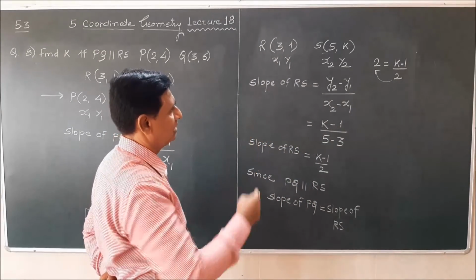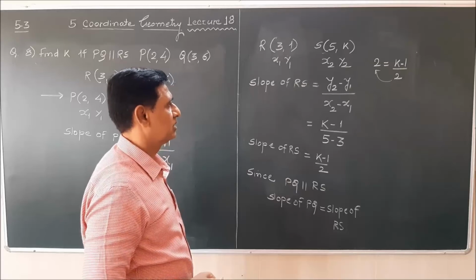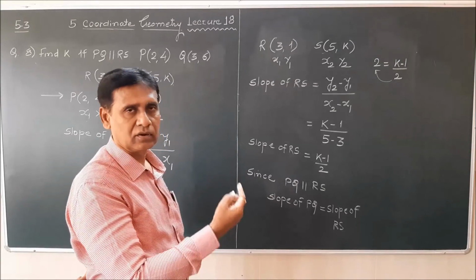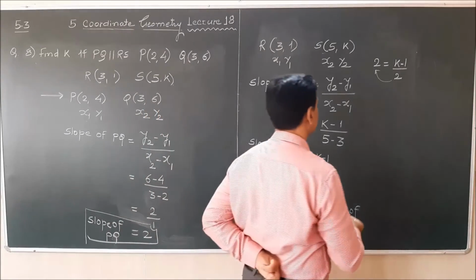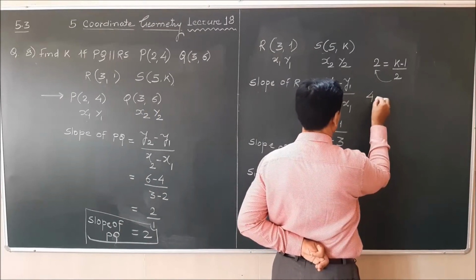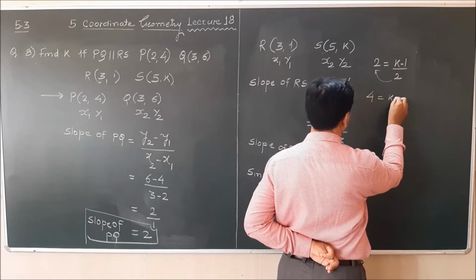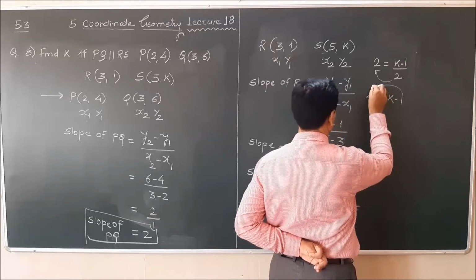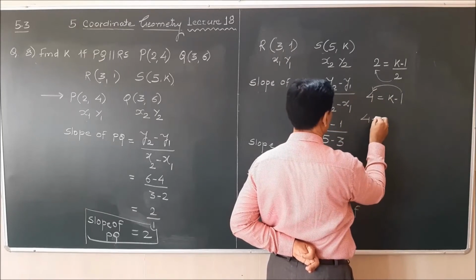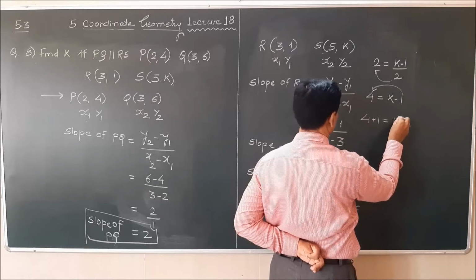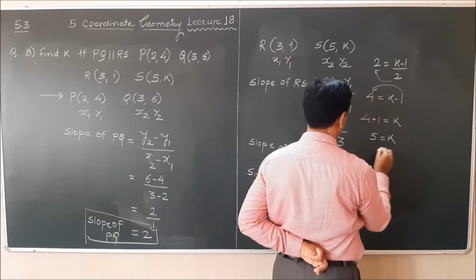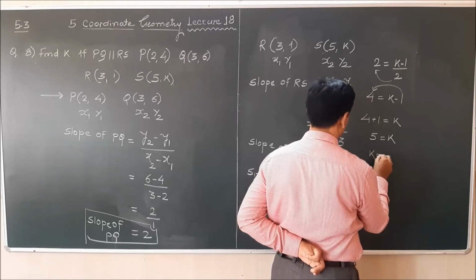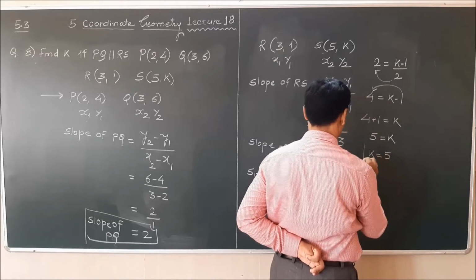So I transfer the 2 which is in the denominator over there. If it is transferred to the numerator, I'll get it as 4 is equal to k minus 1. So 4 plus 1 is equal to k. So 5 is equal to k, or you can say k is equal to 5.